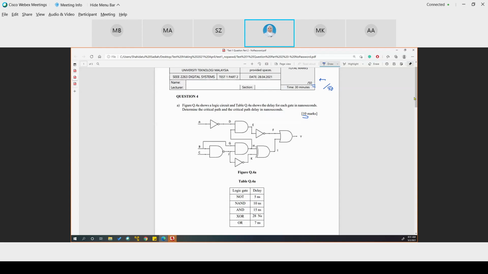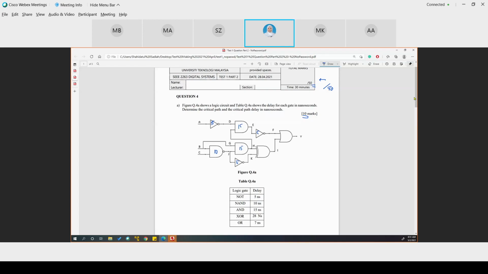So to do these questions, this is how I solve this question. First, I put 5 inside each NOT gate, so it's 5 here, 5 here, 5 here. Then NAND is 10, 10 here. AND is 15, 15.